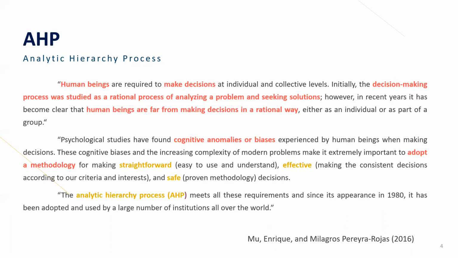Cognitive bias will make decisions, especially for modern problems, which are more complex and have many layers of considerations, extremely difficult. Okay, because one person might have a different cognitive bias from the others. But we still want a decision.